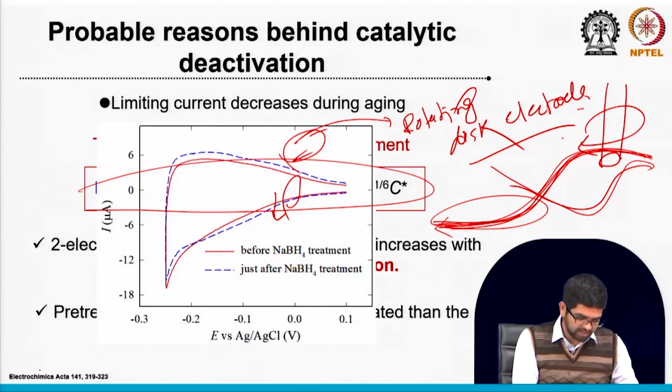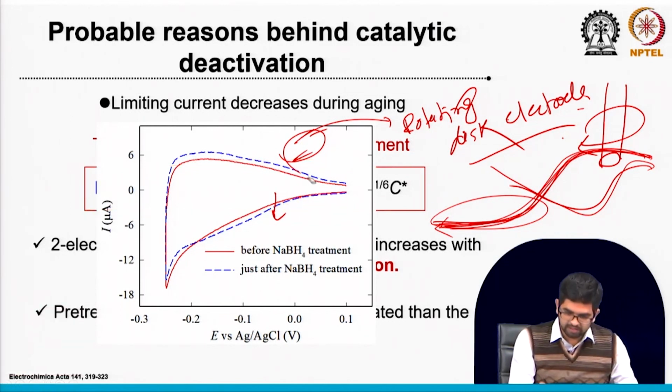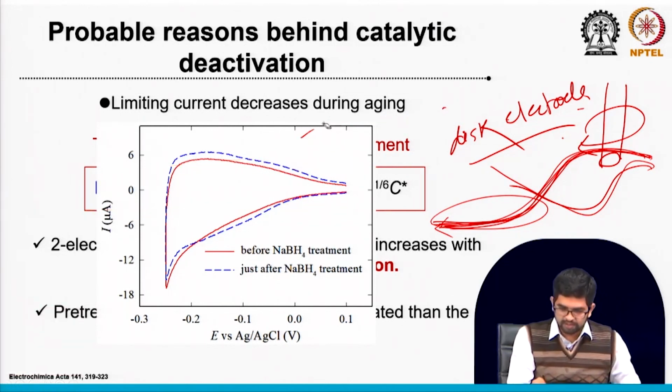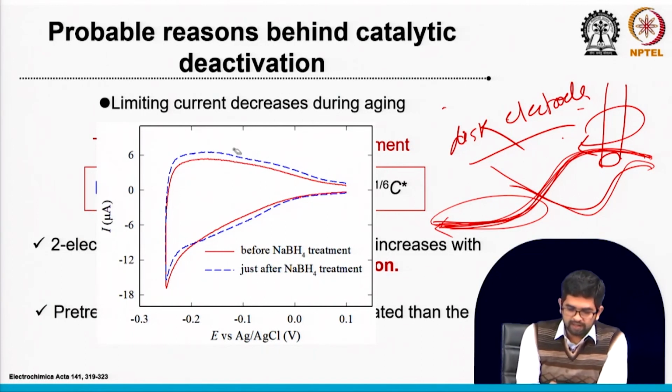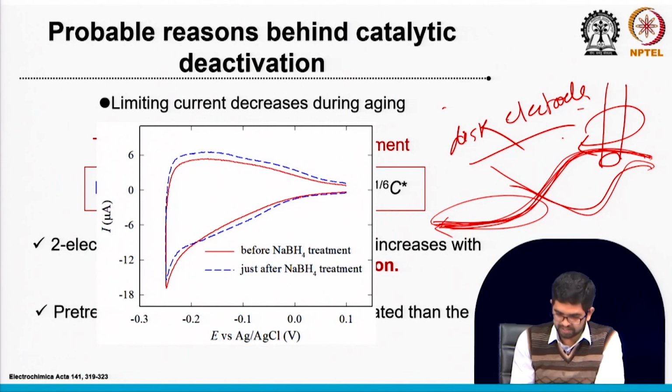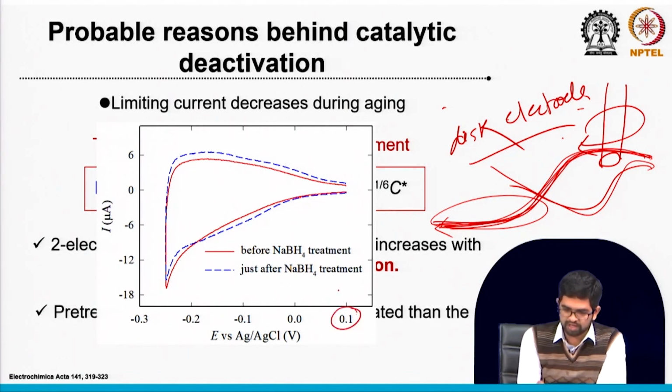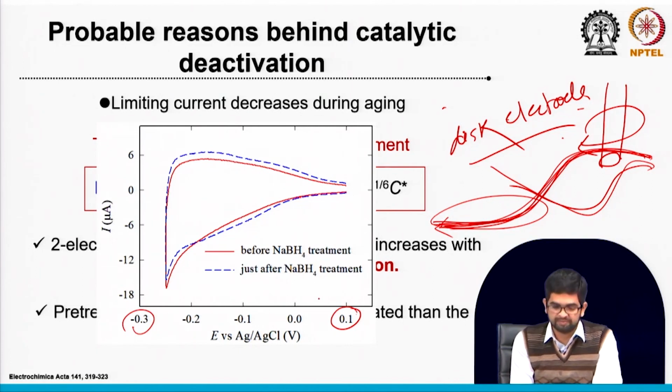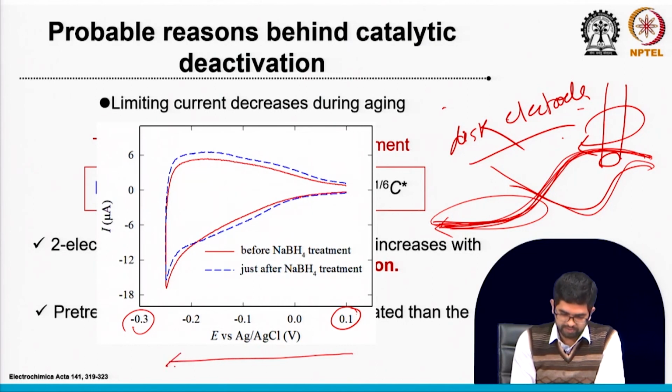So here I wanted to show you, let's remove this, you can see the reduction zone. See, this is the reduction zone. We scan from 0.1 to 0.3 in this region, from positive to negative.